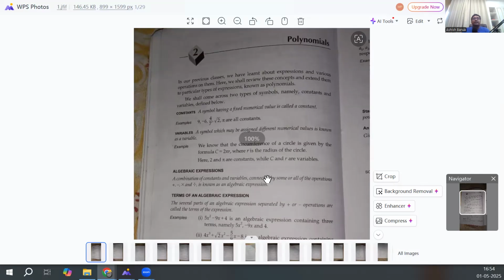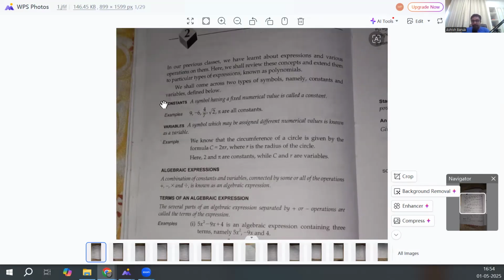Now we'll come to the different terms. First of all, we'll try to understand the terms. The first term is constant. What do you mean by constant? Constant means it remains the same, irrespective of any changes. A symbol having a fixed numerical value is called a constant.